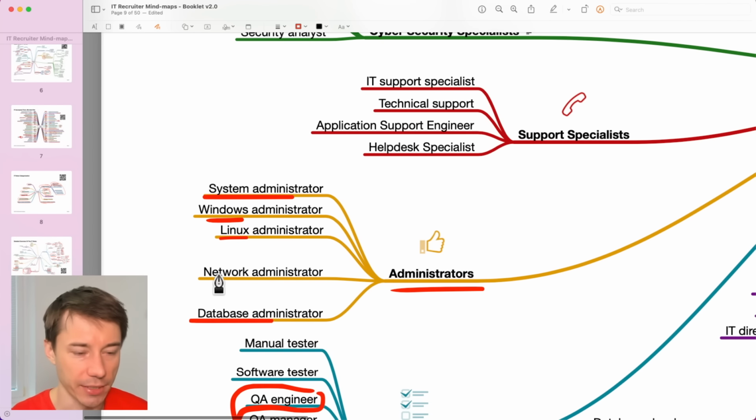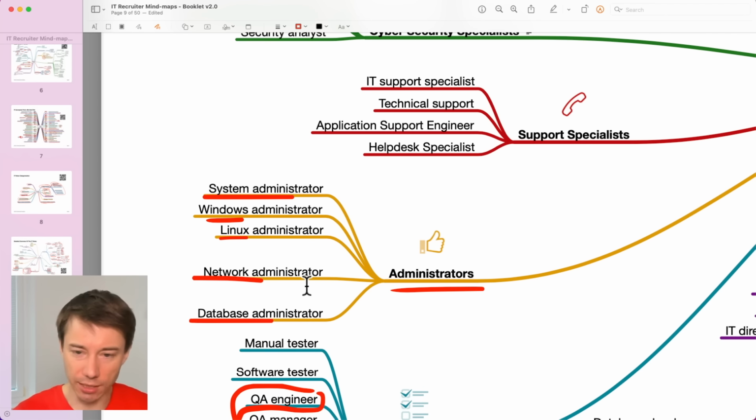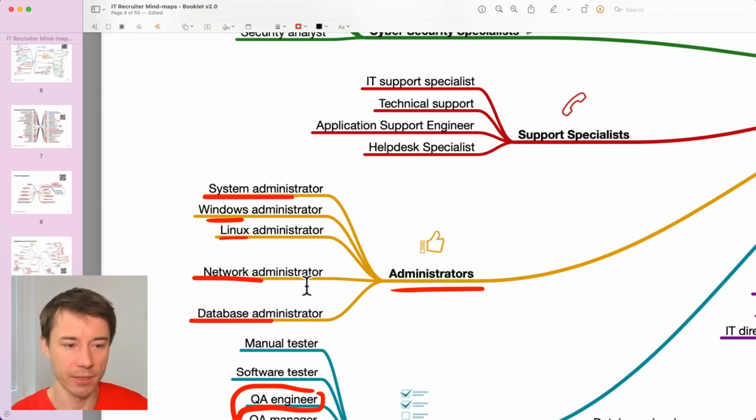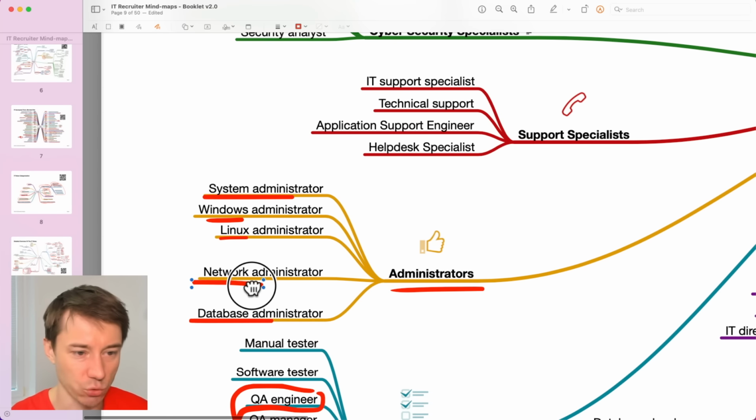And network administrators, especially in larger organizations where there is a huge network, lots of peripherals, lots of printers, computers, devices, mobiles, or CCTV cameras connected, they need to be managed by a network administrator.